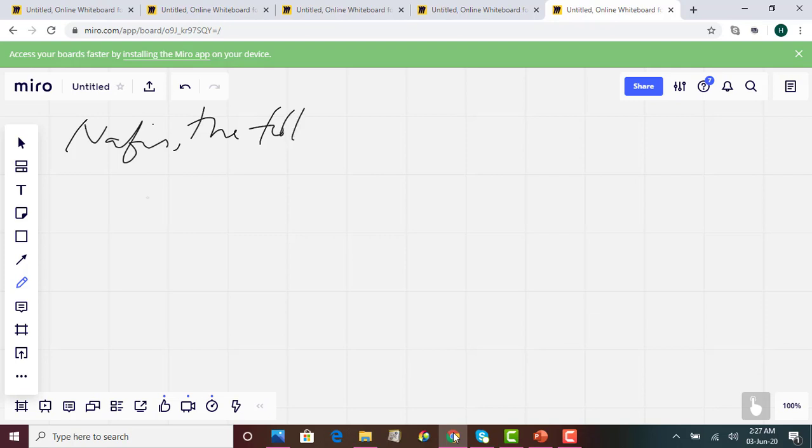Now these numbers are definitely hypothetical. Don't think these are actual, but I'm just using them as an example. So for Nafis, the following information is given. Nafis owns a home and the value of the home is 300,000.